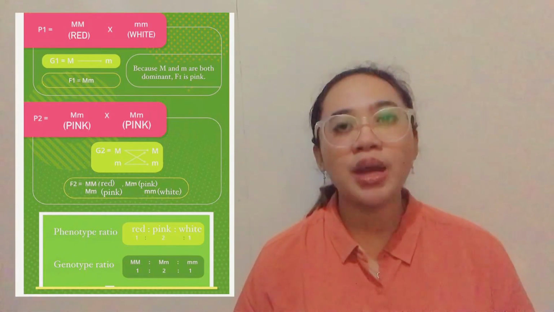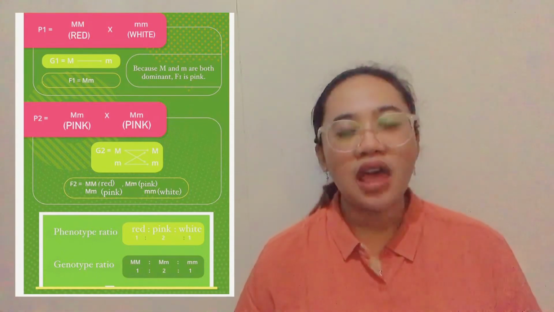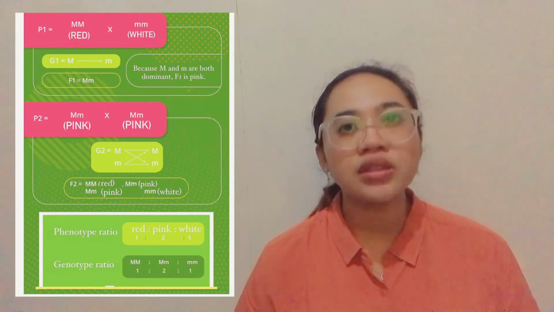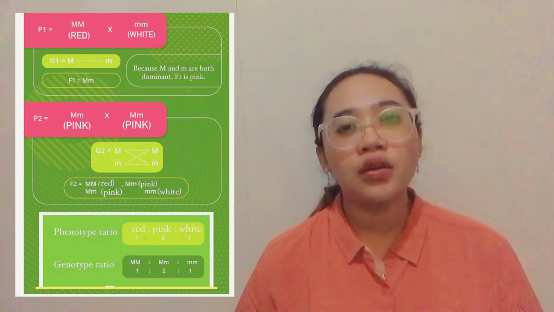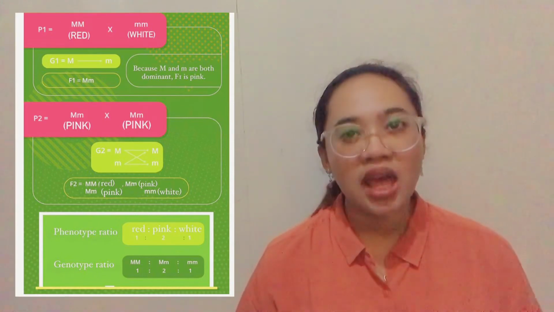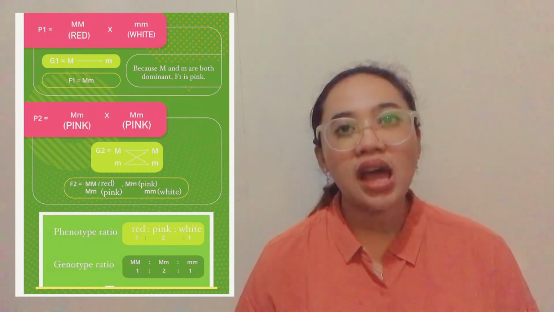P1, MM is red and mm is white. F1 is Mm because M capital and m lowercase are both dominant, and F1 is pink. P2 is Mm pink.